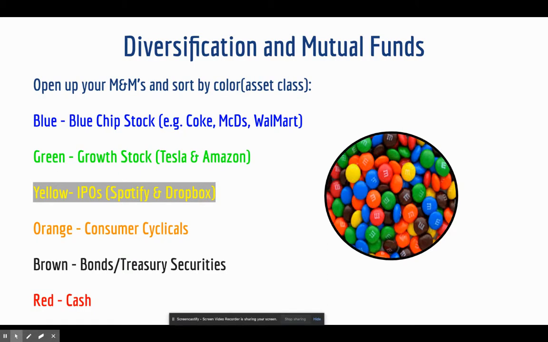When you open up a bag of M&Ms, you basically have a mutual fund in front of you. You have a mixture of different assets, and within those assets, a mixture of different types of investments, different classifications of stocks, but also different sectors and different industries.